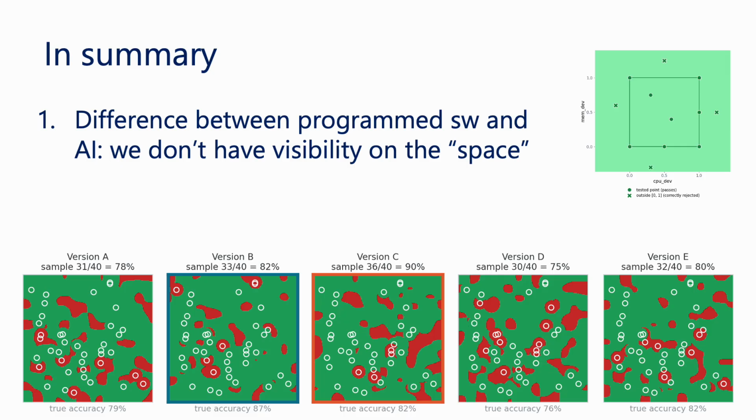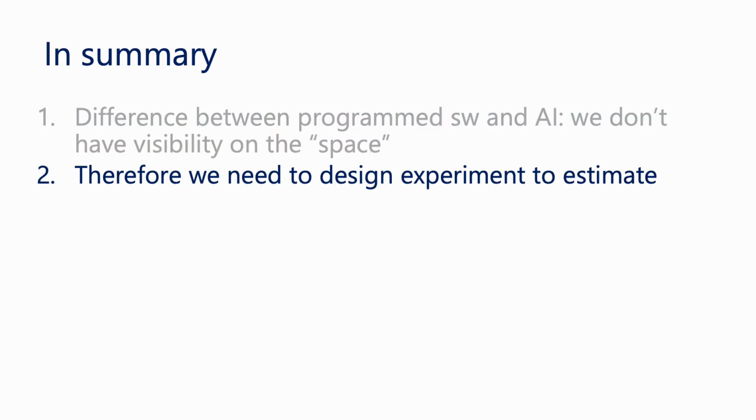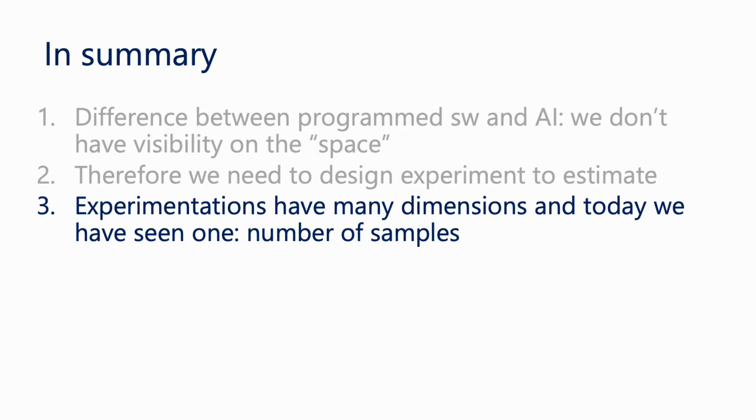So what we have seen today is essentially a difference between traditional software, where we kind of think we know the space and we know how to sample points that represent the space, and machine learning systems, where this notion of sampling the space and extrapolating or generalizing to a larger space is much more difficult and much more tricky to achieve. We have also seen that in summary, this means that we need to design experiments carefully to understand how our system behaves in this space.